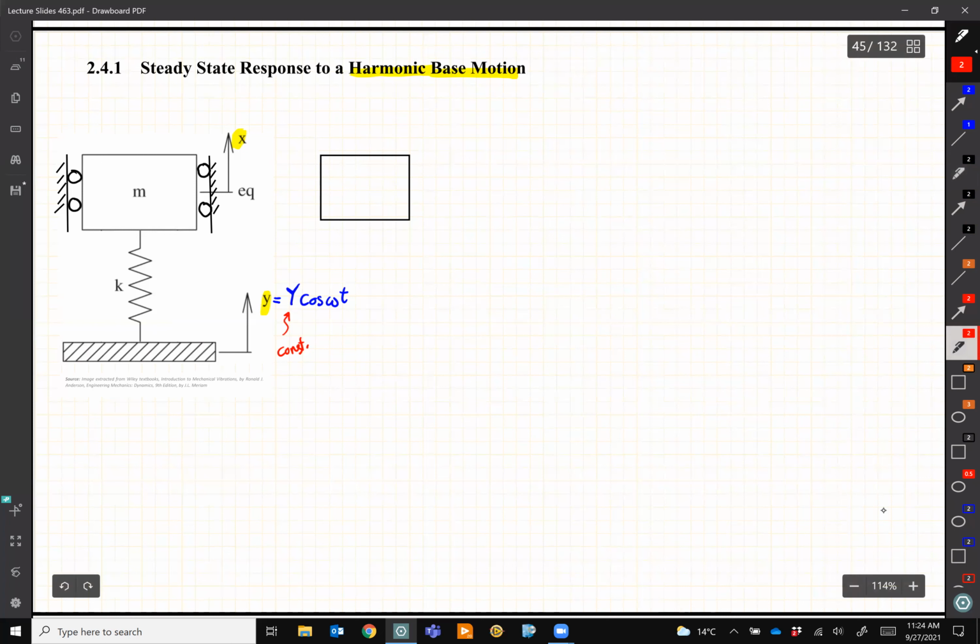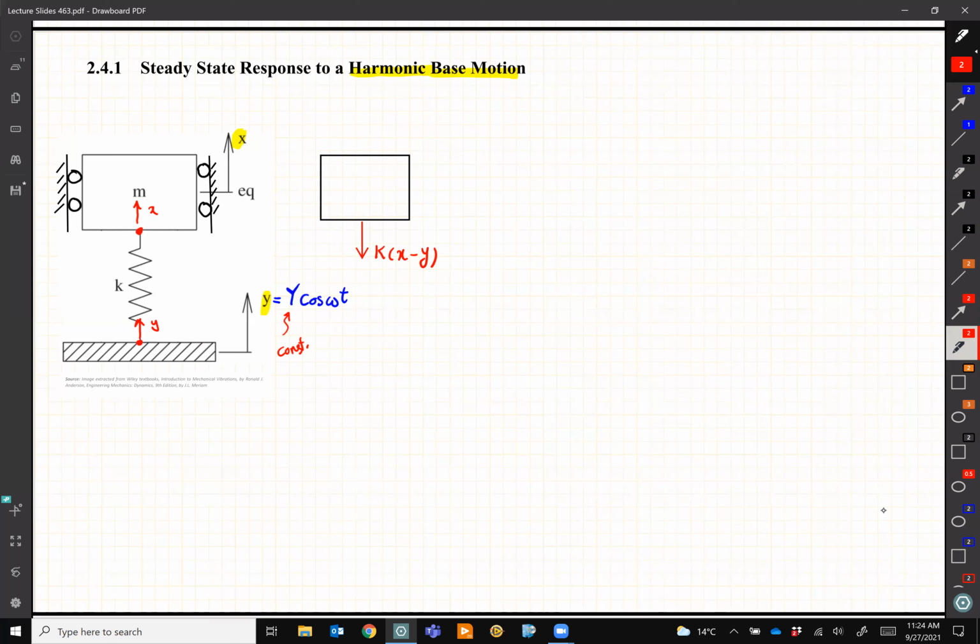Something that I want your attention, take a look at this spring. So this spring, you can see it has been extended by X, and it has been compressed by Y, right? So then the total deflection is the difference between these two. Therefore, my spring force is k(x minus y).